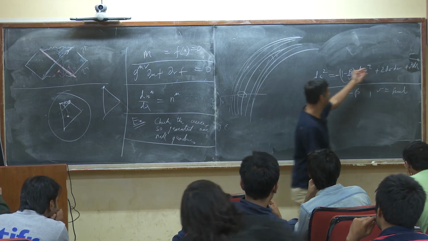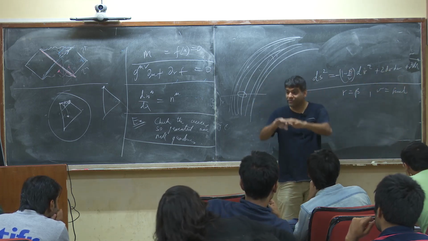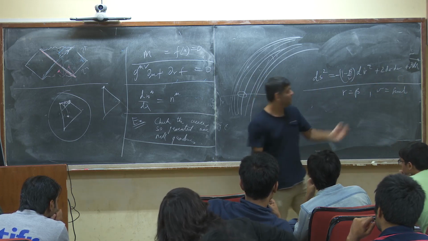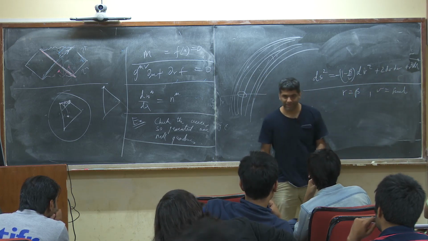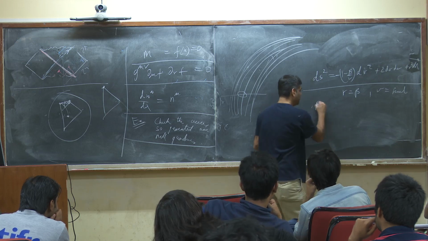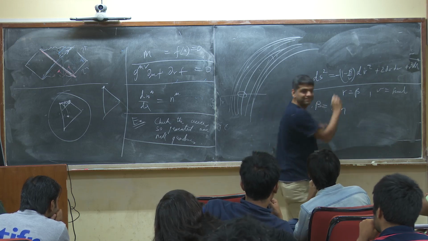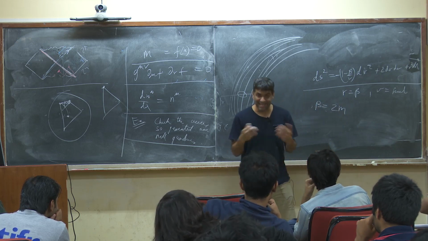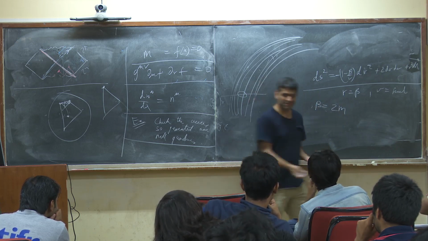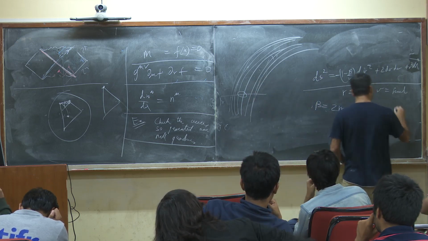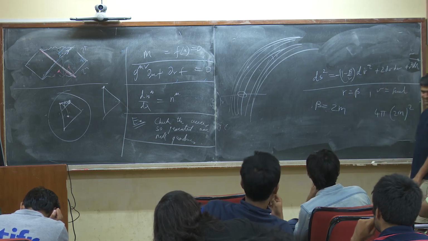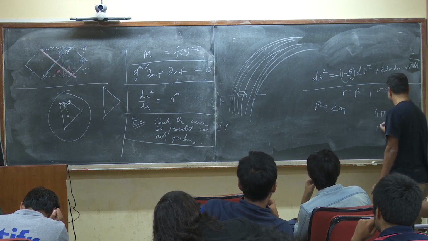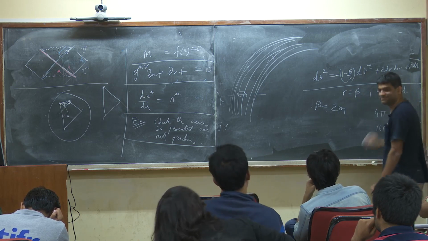You understand? Because these two terms don't contribute. So on this two-dimensional manifold, the metric is just this, but with r replaced by beta. You remember that beta is 2m. So the area of the event horizon is 4 pi times (2m) squared, whatever it is, 16 pi m squared.